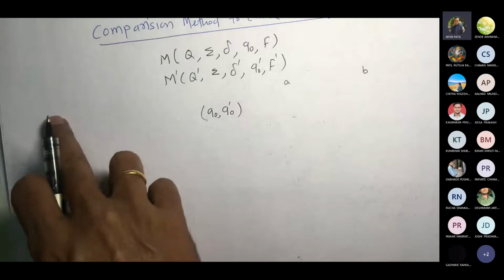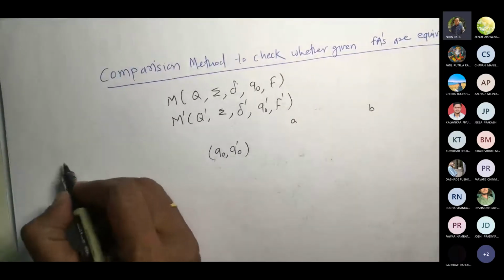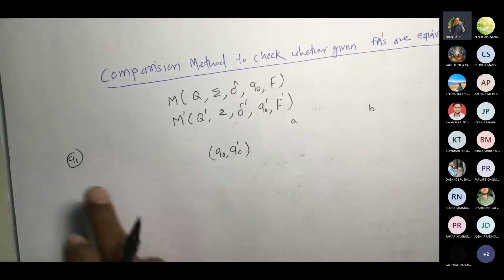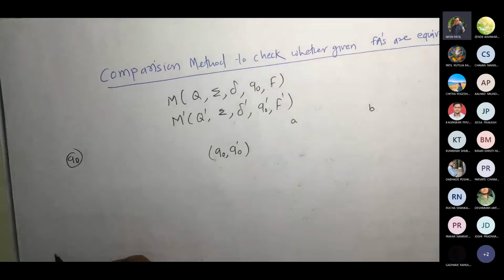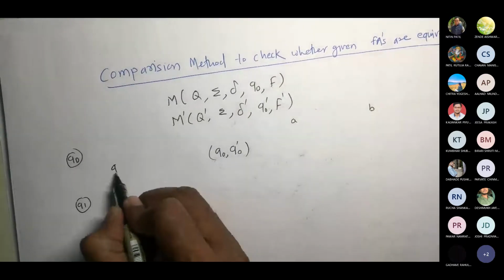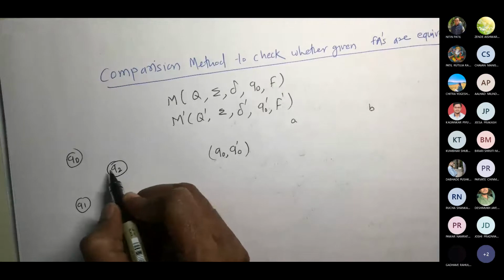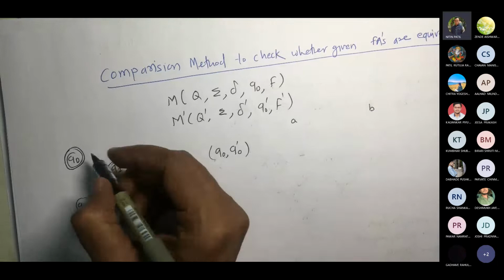Let me draw those FAs here. The first FA that I am going to draw is this one. Let me take Q0, Q1, Q2. This is my final state.